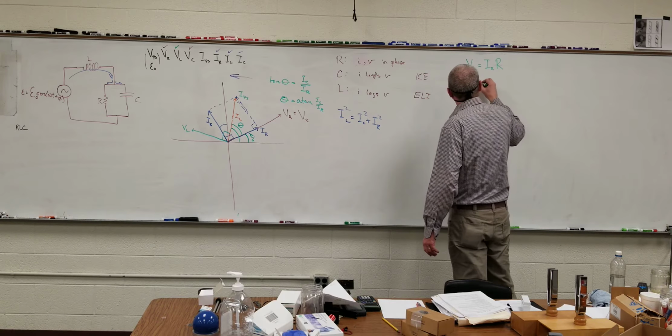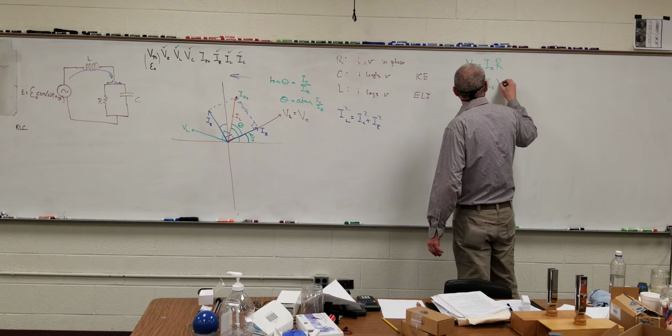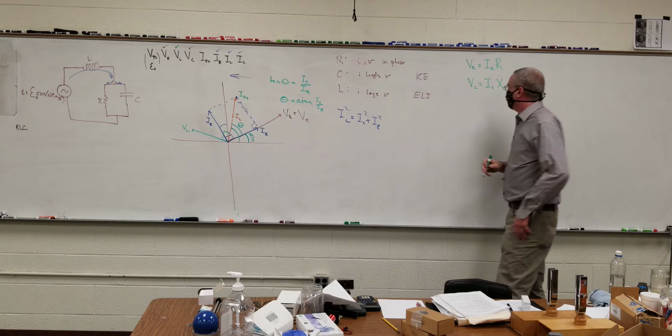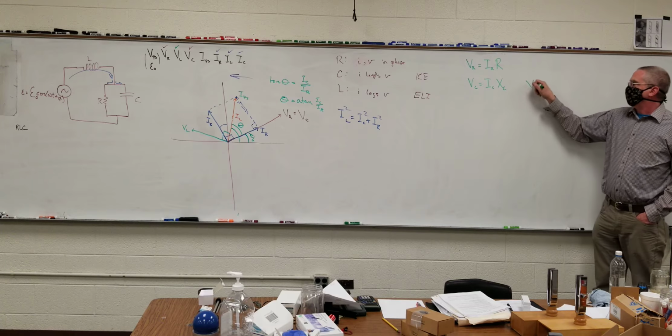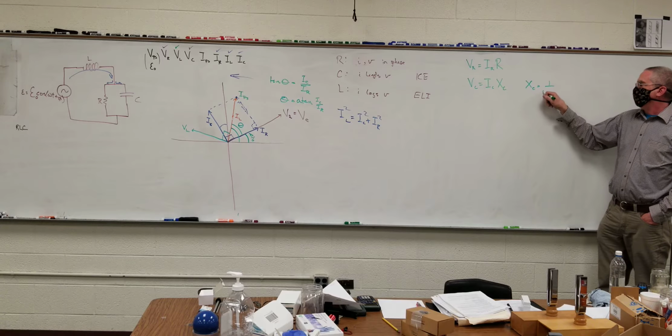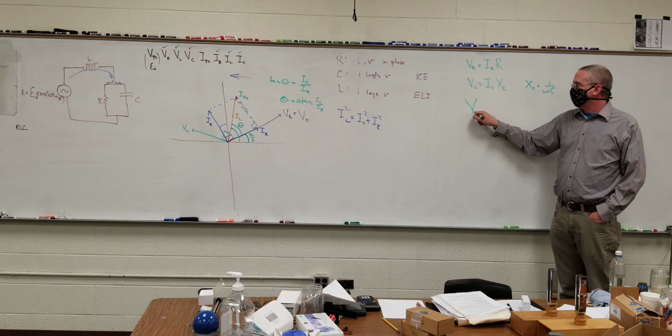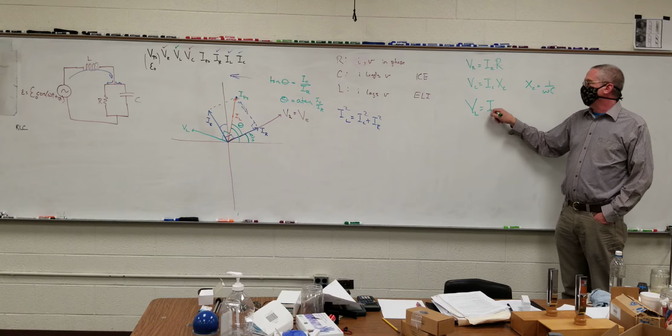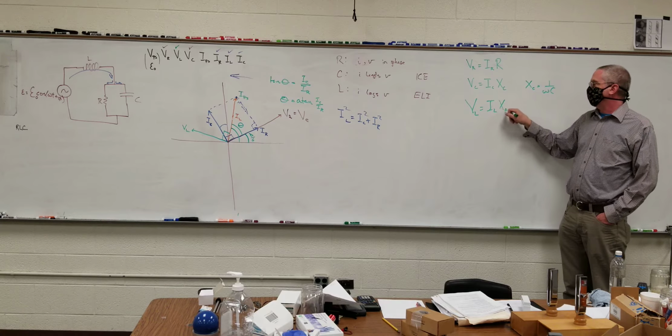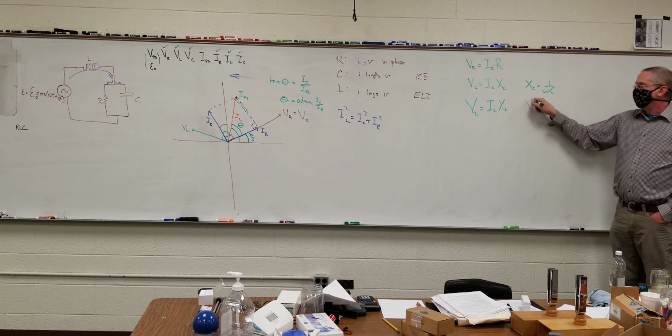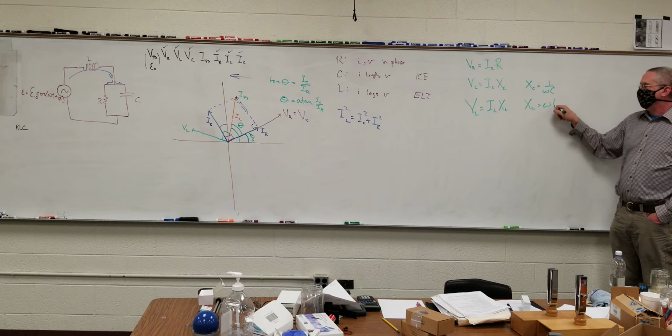The voltage across the capacitor is equal to the current across the capacitor times the capacitive reactance, where X sub C is equal to 1 over omega C. The voltage across the inductor is equal to the current across the inductor times the inductive reactance, where X sub L is equal to omega L.